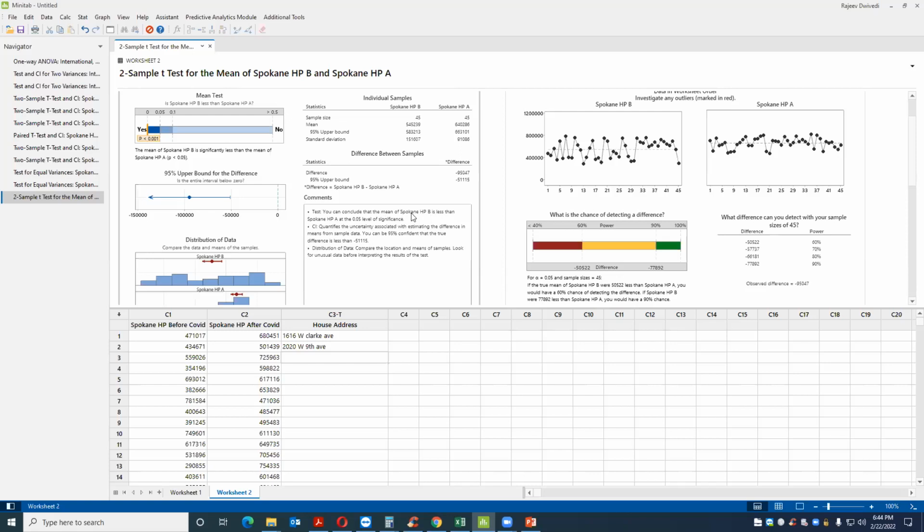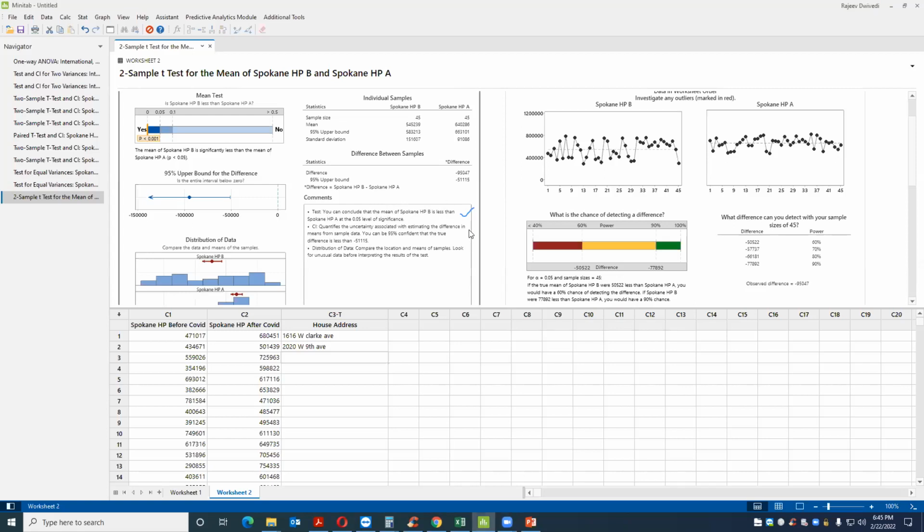So basically it clearly gives the comment here, which means you can get the wording right here. You can conclude that the mean of spoken housing prices before is less than the spoken housing prices after at the 5% level of significance. And so this is concluded.